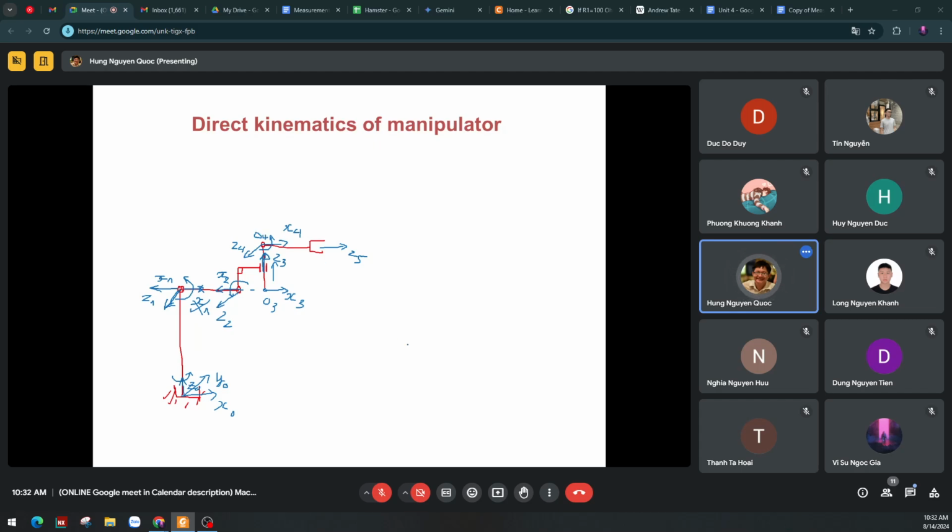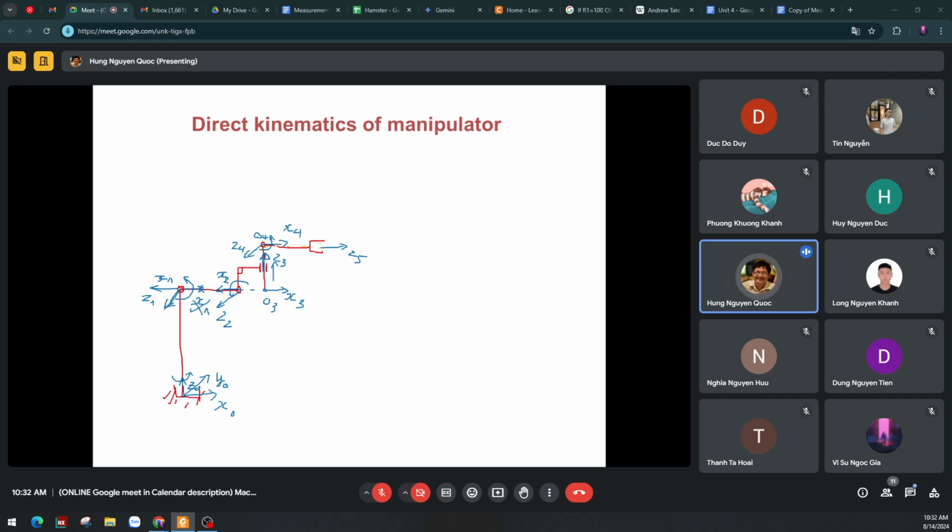Where is X5? If I already put the axis 5 here, remember X5 should be perpendicular and cross the intersect point of Z4 and Z5.